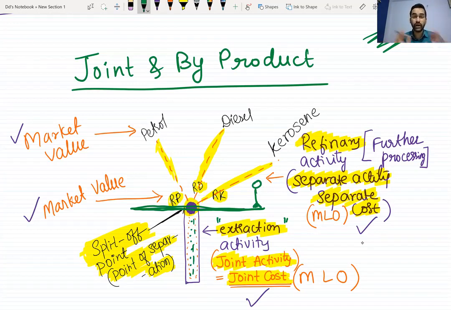No, it's a joint activity. So I can call extraction activity as joint activity. Whatever cost I spend for this joint activity should be called as joint cost. Whatever cost I incur for this extraction activity, you will call it as joint cost.